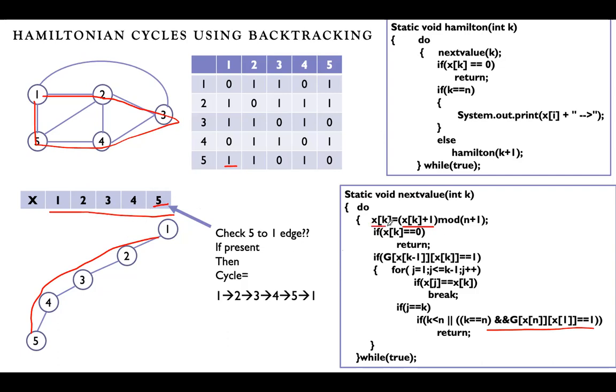Again, we'll continue the program from this location. X of k value is 5, so x of k plus 1 is 5 plus 1, mod n plus 1.